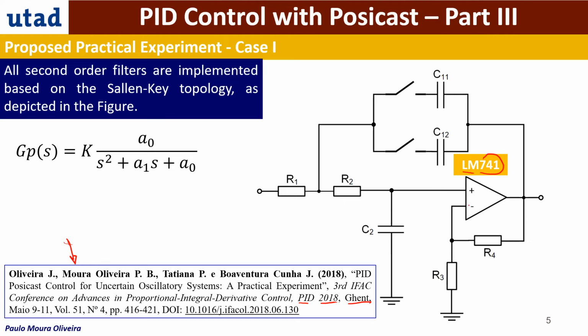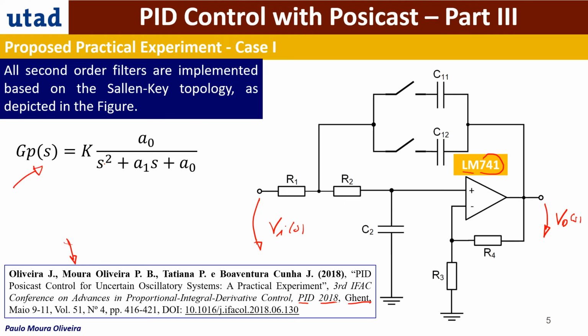By doing the analysis of this circuit, we can show that the transfer function, which relates the output voltage, VO, to the input voltage, the signal at the output to the signal at the input in the Laplace domain, can be represented with this model.